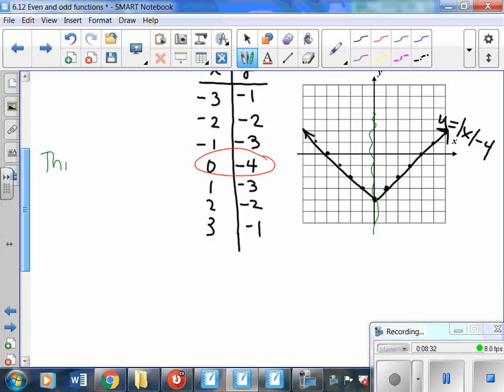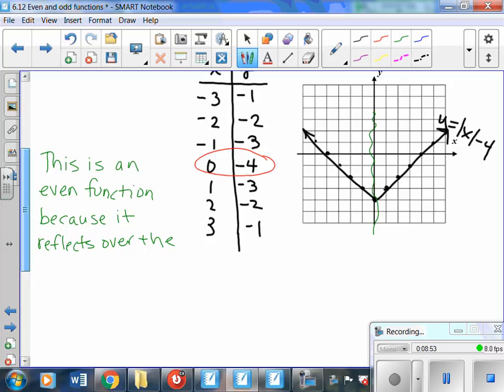So this is an even function because it reflects over the y-axis. Basically what that means is (-3, -1) becomes (3, -1).